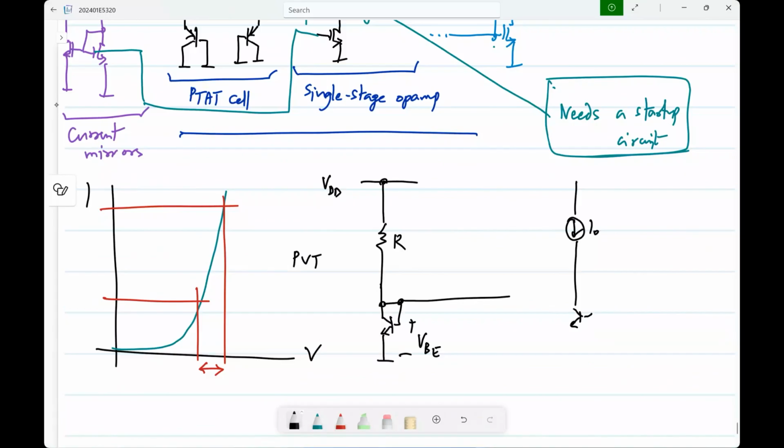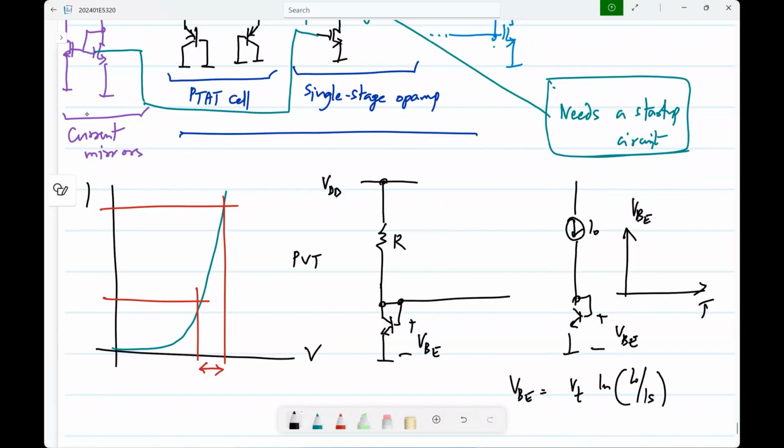I get some VB. The current is constant. Now, if I plot VB versus T, what will that look like? VB is VT log. Yes. So what will VB look like? Decreasing.